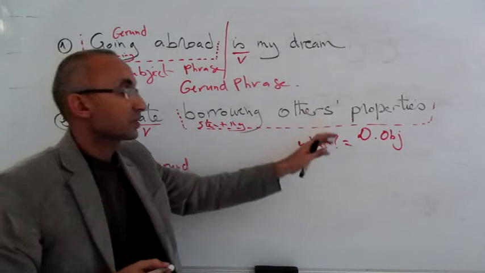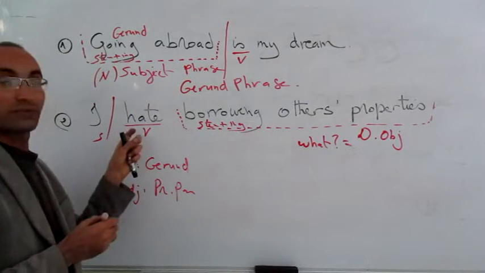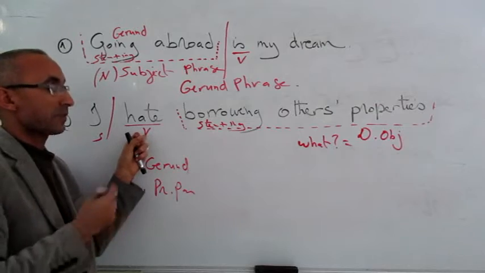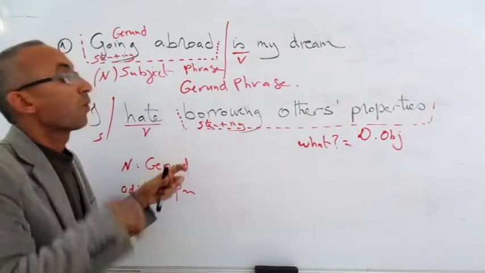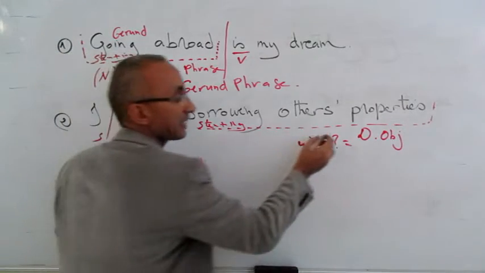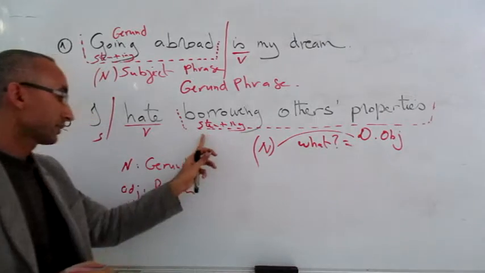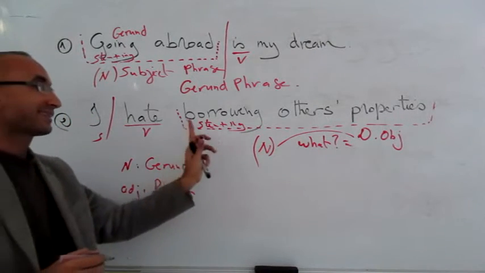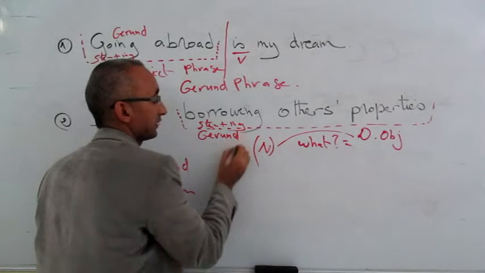So this phrase acts as a direct object for the verb hate. Hate what? Borrowing others' properties. So we know also that the object in English is a noun. So here, as it's a noun, stem ing is a gerund.